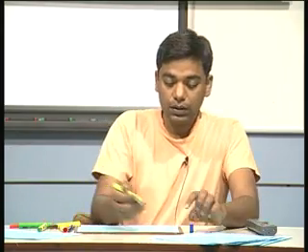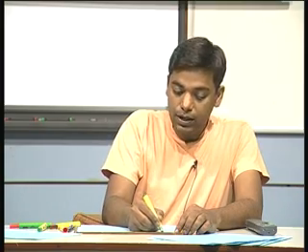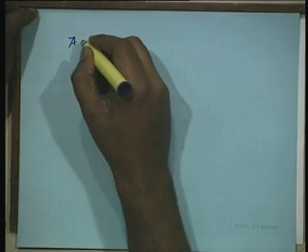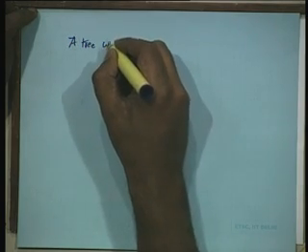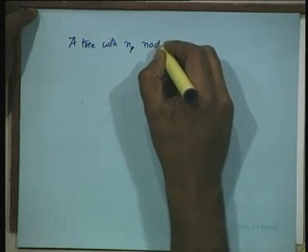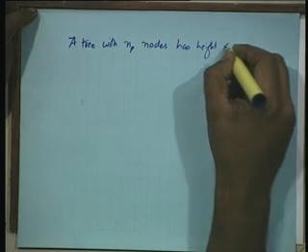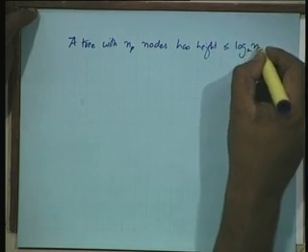How will you argue that this rule of union by rank will lead to trees which have small height? So, what is the claim we want to make? No, not that the height is minimum. A tree with n1 nodes, let us say, has height less than or equal to log of n1.